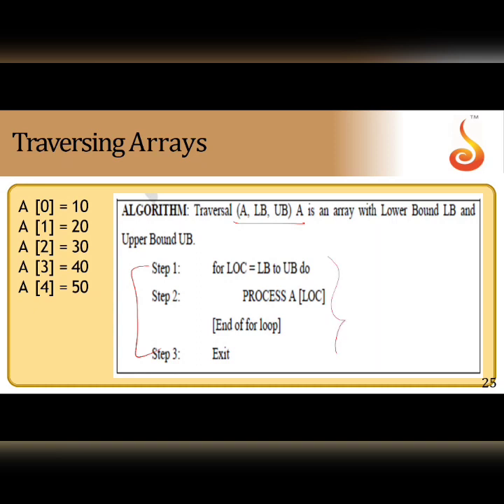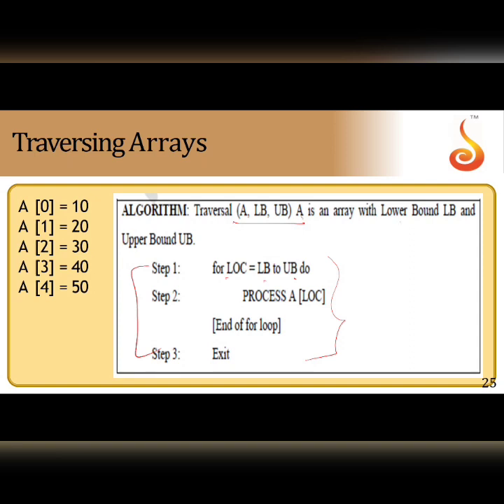They directly write this, but you won't fetch any marks for this, because I don't know what LB and UB are. So how will I check this? So always make sure whenever you are writing an algorithm, you specify what the terms used mean. Here I am saying A is an array, LB is the lower bound, UB is the upper bound.